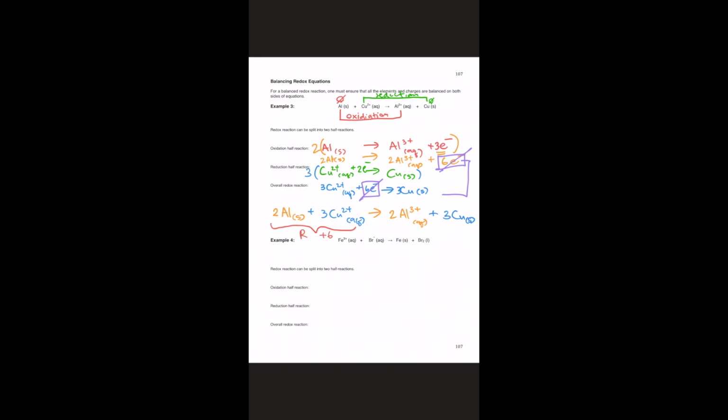On the product side, let's take a look. You have the same thing, right? You have 2 aluminum, but each of them is 3 plus, so the total would be plus 6 as well, plus 0, so the total would be plus 6. Therefore, this is the balanced redox reaction because you have both the number of elements balanced on both sides and also the charge balanced on both sides of the equation.